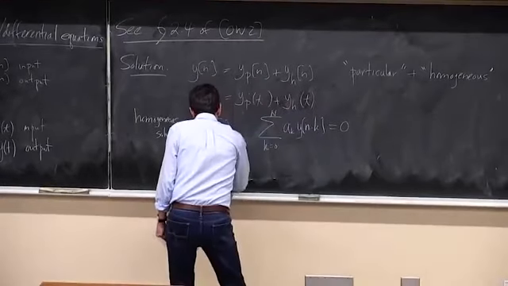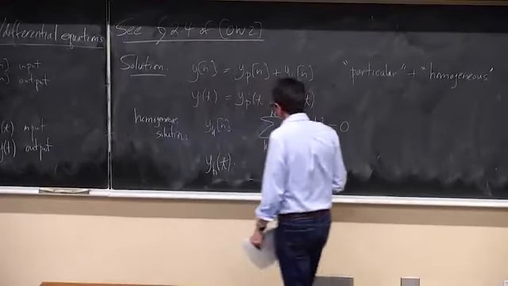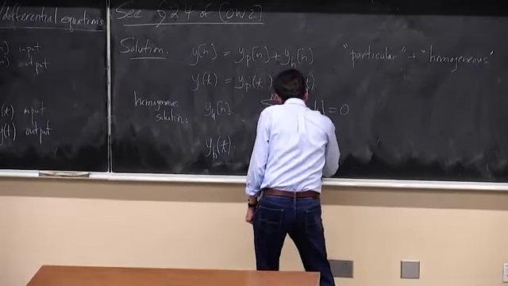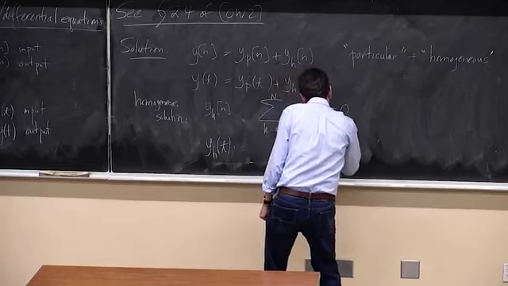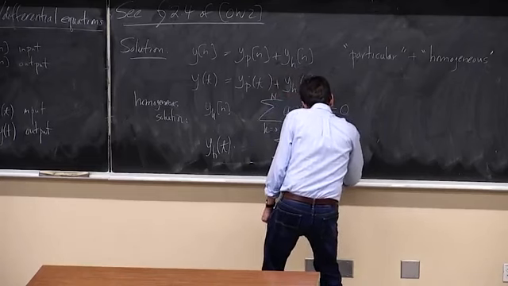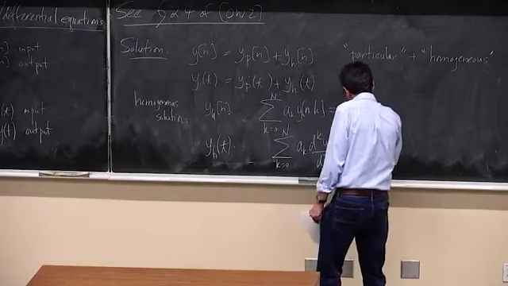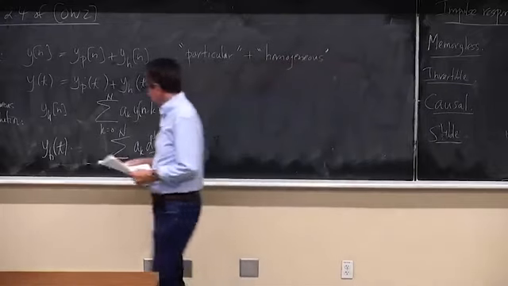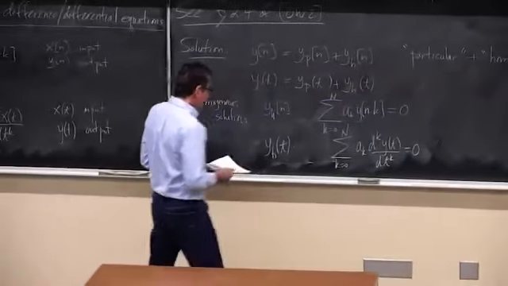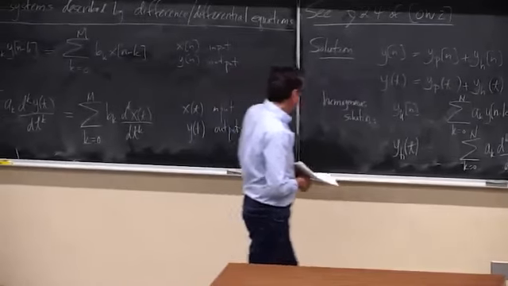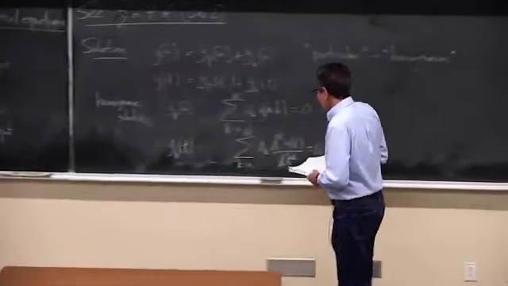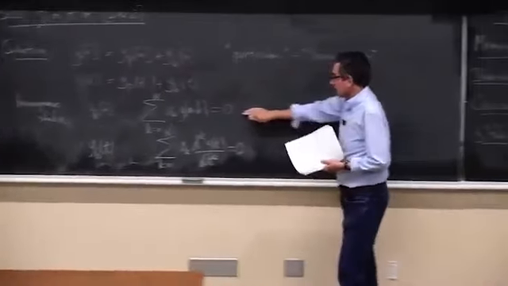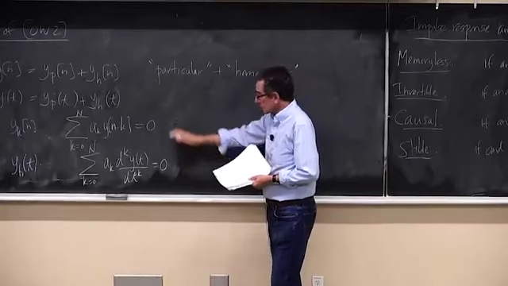And then in continuous time, it's the sum of that linear combination of the derivatives being set equal to 0. So this is the equation that these homogeneous solutions satisfy.